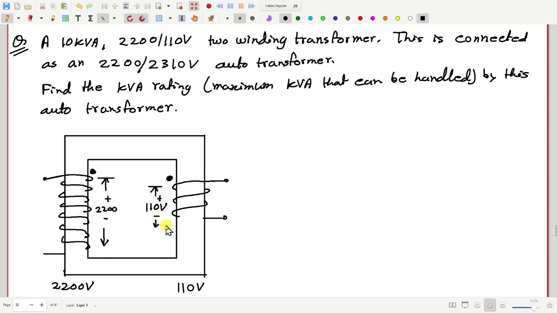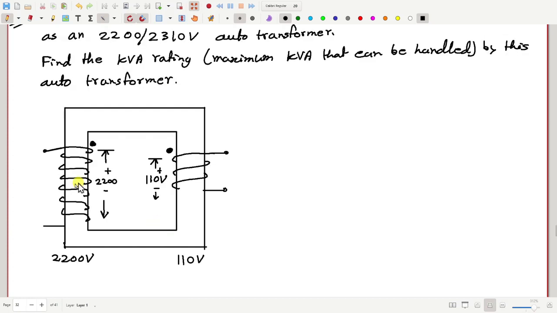Now how to connect it as an auto transformer with this voltage rating? Basically, auto transformers have only one coil, so we have to join these two coils into one. How to join it? We will join them in series, but how to connect them in series? Can I connect them like this? That means I have connected plus minus followed by minus plus.